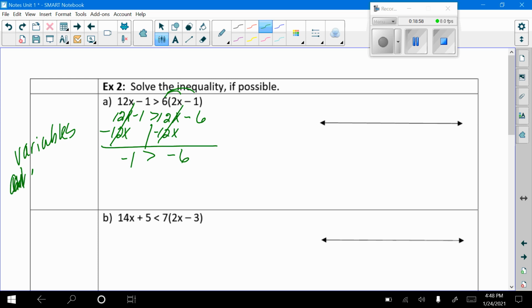But it's a true statement because negative 1 is bigger than negative 6. So if it's true, it means all real numbers. To graph that on a number line, it would be the entire number line. Everything is a solution because it's all real numbers.